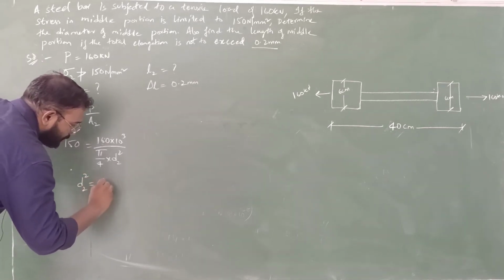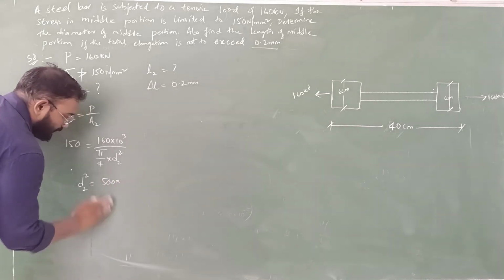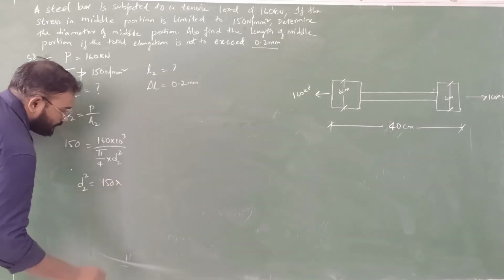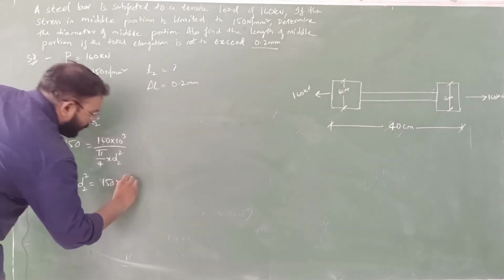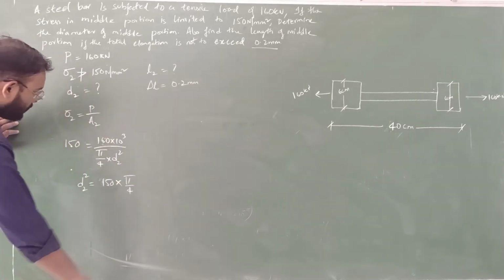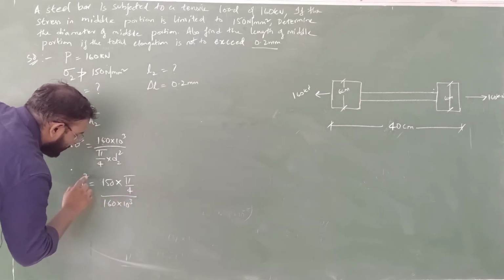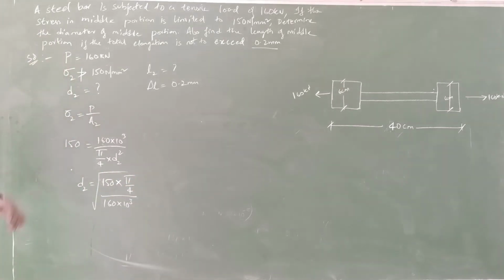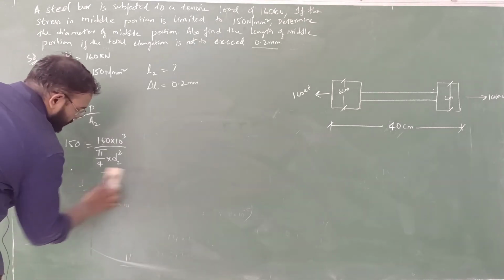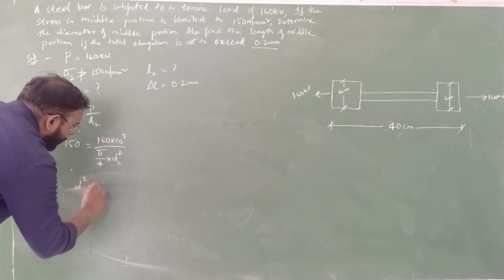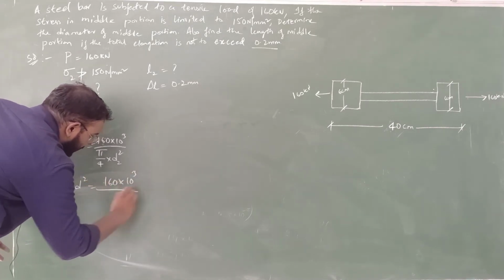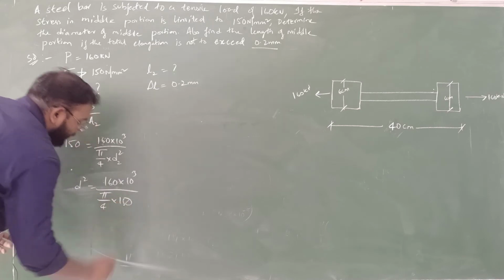D2 square is equal to 160 into 10 power 3 divided by pi by 4 into 150, under root.